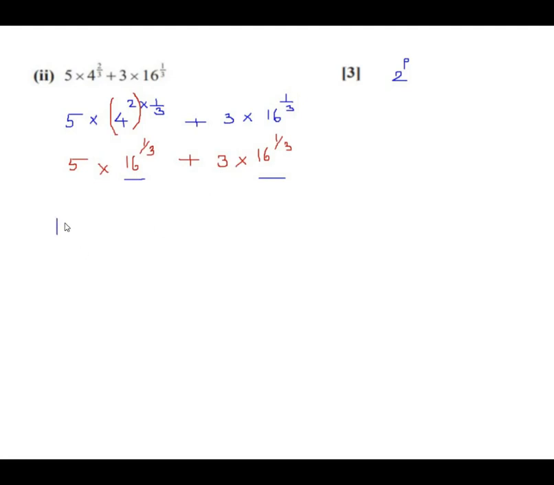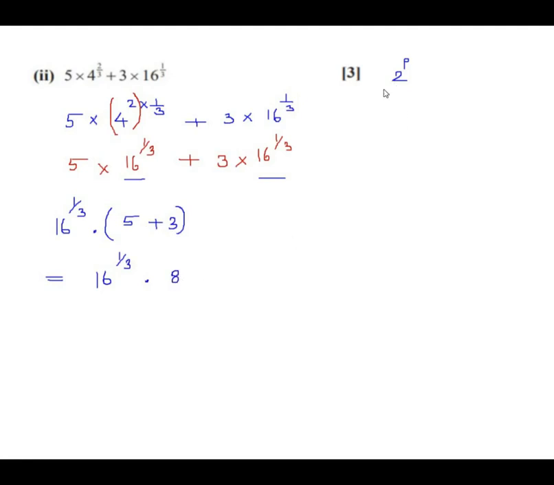So I can just factorize and take it common out and write it as 16 to the power of 1 over 3, and the terms remaining are 5 plus 3 inside the bracket. Further simplifying this, I can write it as 16 to the power of 1 over 3 times, this is multiplication, 5 plus 3 gives us 8.